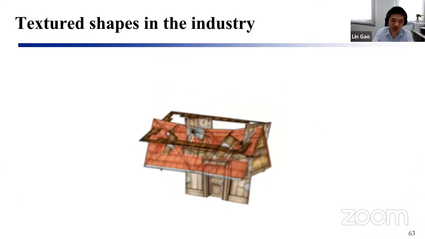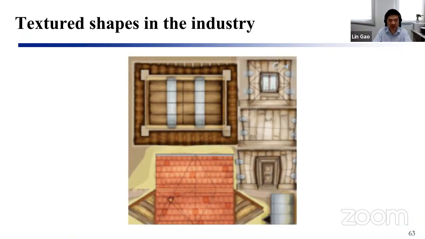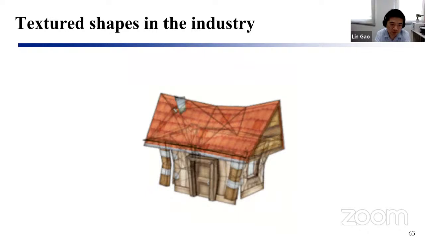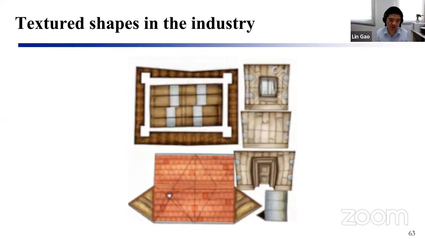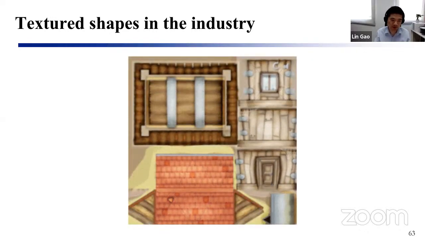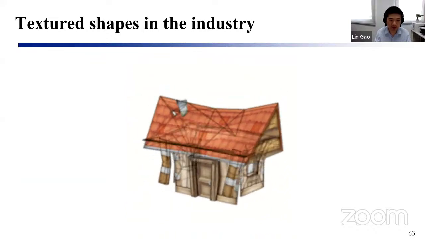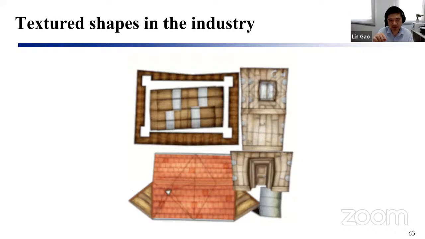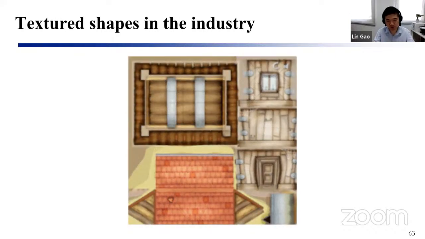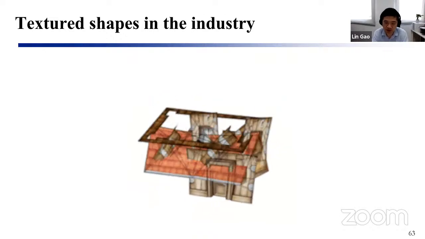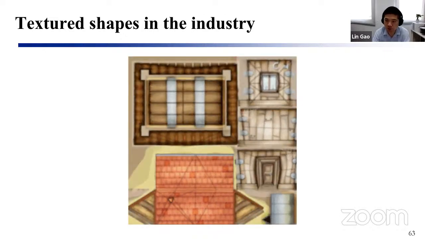For textured meshes, without neural networks, only considering texture, the most common texturing approach is to decompose the mesh into parts, and each part corresponds to images. This is something we call UV mapping.